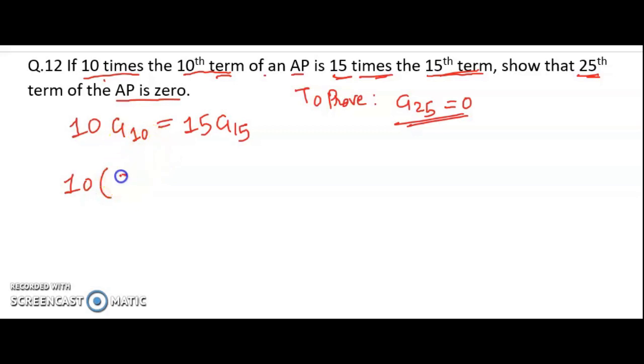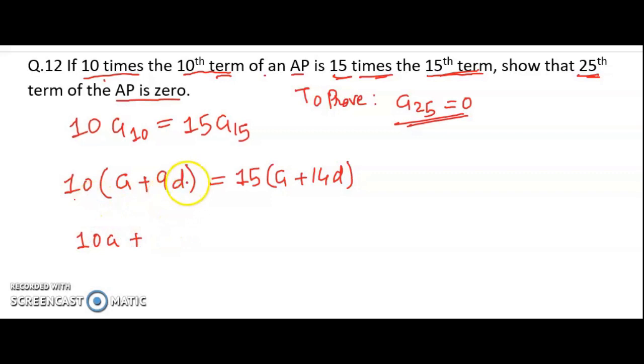So a10 is a plus 9d, and 10 times that is equal to 15 times a15, where a15 is a plus 14d. If you simplify this, multiplying the 10 into the brackets, you will get 10a plus 10 multiplied with 9, which is 90d.